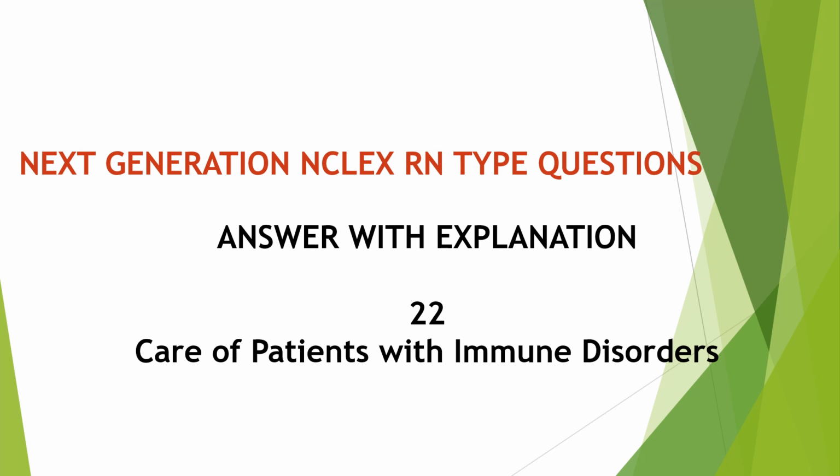For example, exposure to certain medicines or chemicals or some other disease conditions result in secondary immune dysfunctions. So in this video we will be seeing the different types of immune disorders and how to take care of the patients.